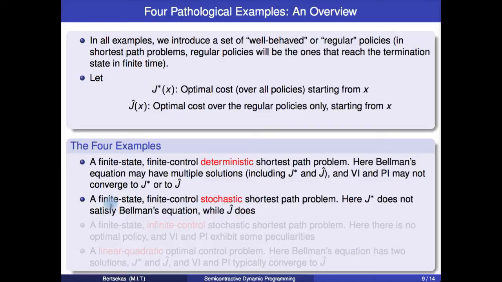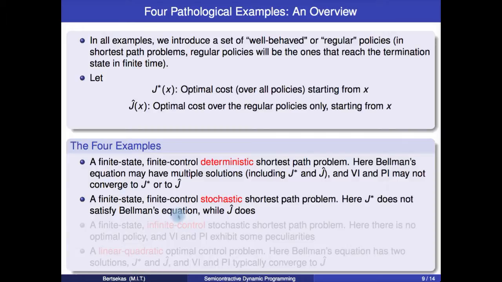Second example is again a finite state, finite control problem, a shortest path problem, but stochastic. Now, in this problem, J star does not satisfy Bellman's equation. J hat does, but J star does not.